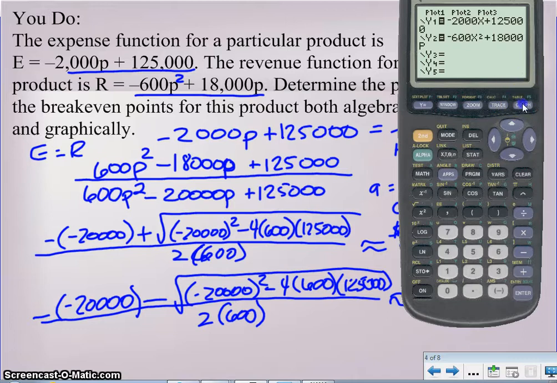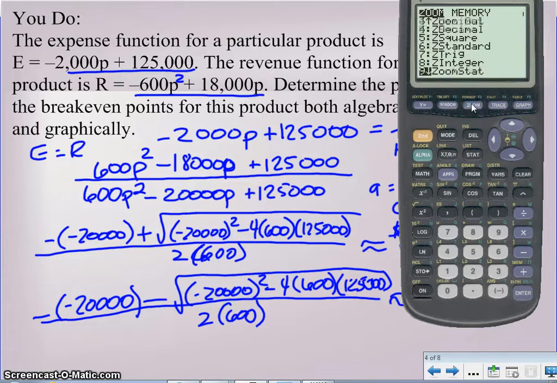And then we're going to go ahead and graph them. So there's our expense equation. And it looks like we're going to have to move our window around a little bit. I'm going to try real quick, see if it does what I would like it to do. We'll see what it does. Nope, we're going to have to do it ourselves.